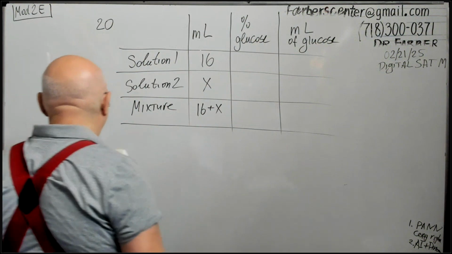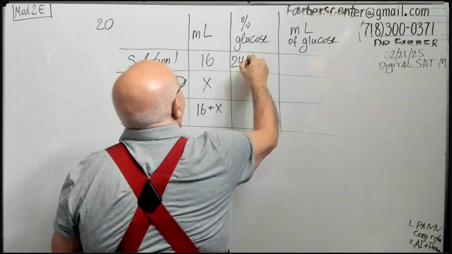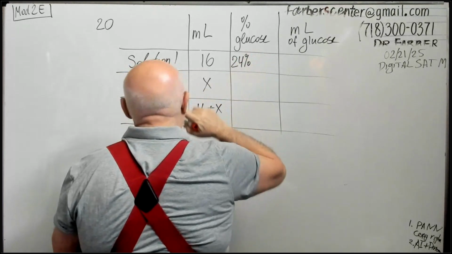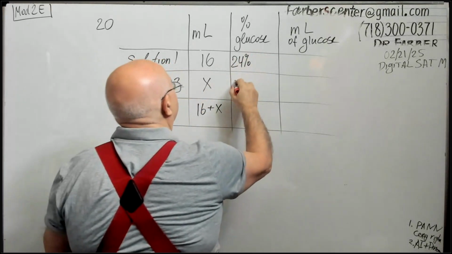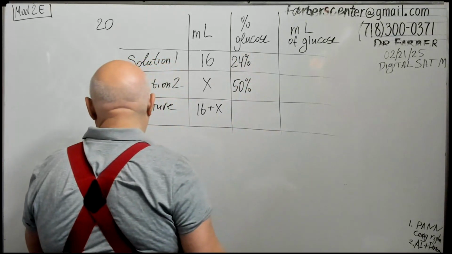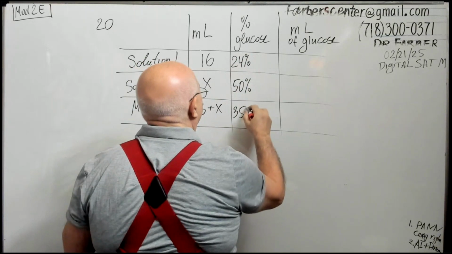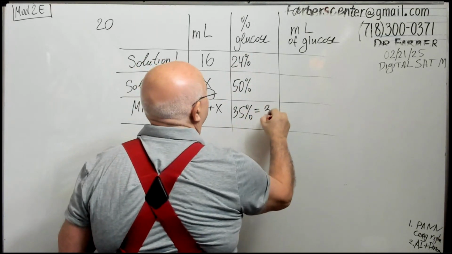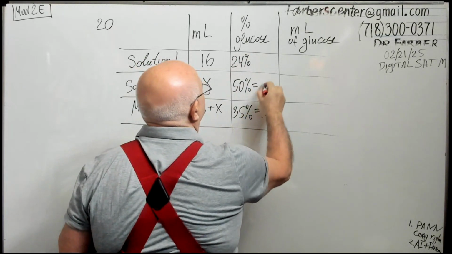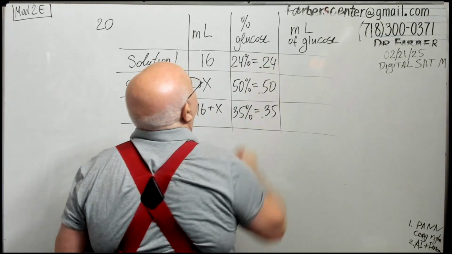What about percent of glucose? Originally you have 24%. And this, they said 50%. And in the mixture you have to have 35%, which is 0.35, 0.50, and 0.24.